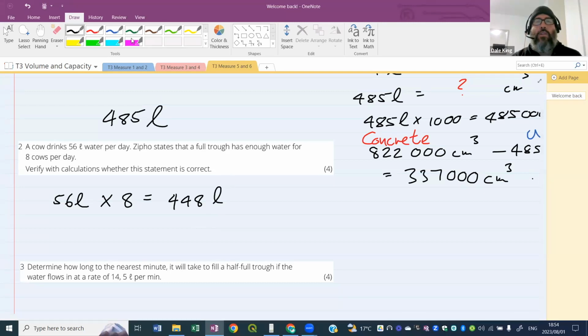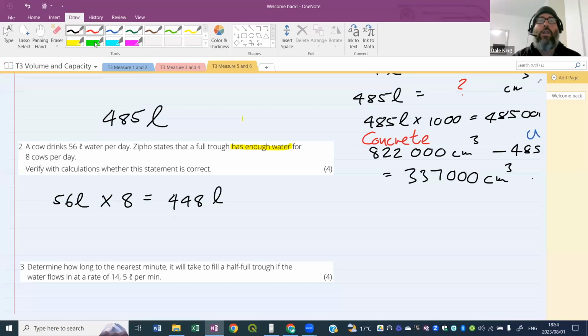Now, all you people that are saying he's not correct, careful the question. Look here. It says, Zemo states that a full trough has enough water. Well, it does, because a full trough has 485 liters. His 8 cows only need 448 liters. So yes, the trough has enough water for his 8 cows for one day.